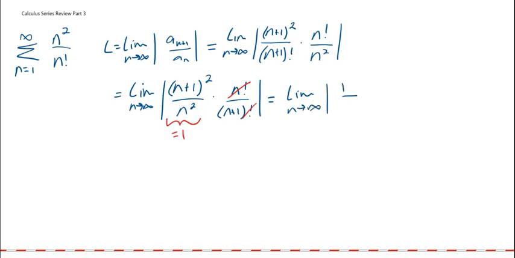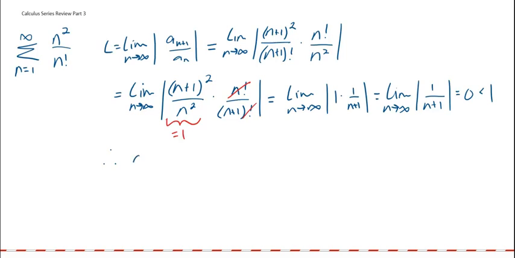What I often write is 1 times 1 over n plus 1, which is the limit as n goes to infinity of just 1 over n plus 1. All right, what happens to that? It is 0, which is less than 1.